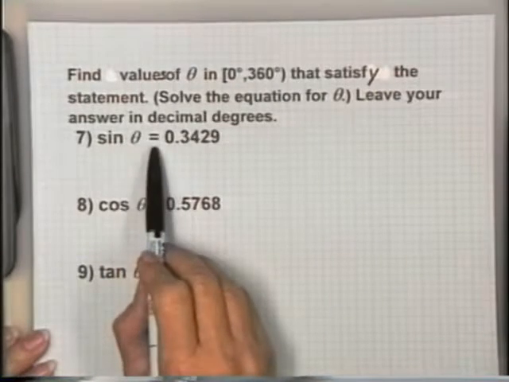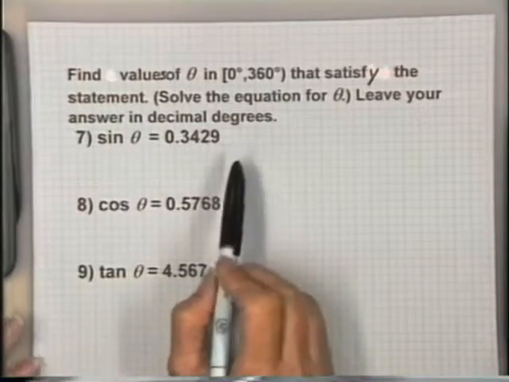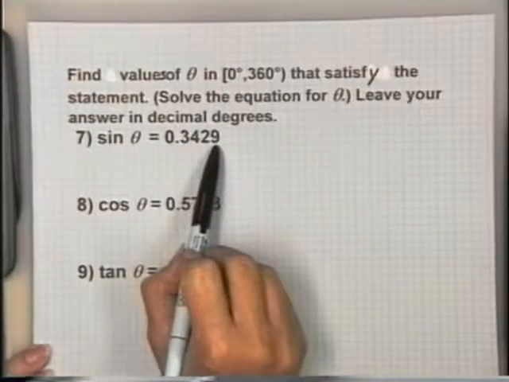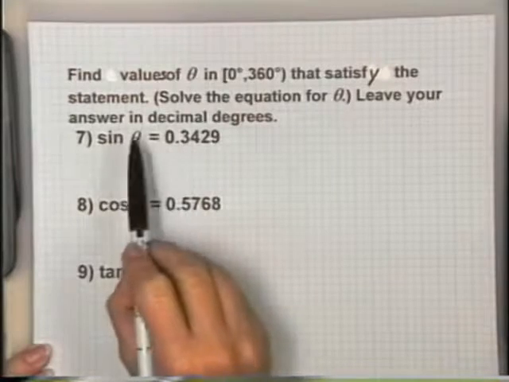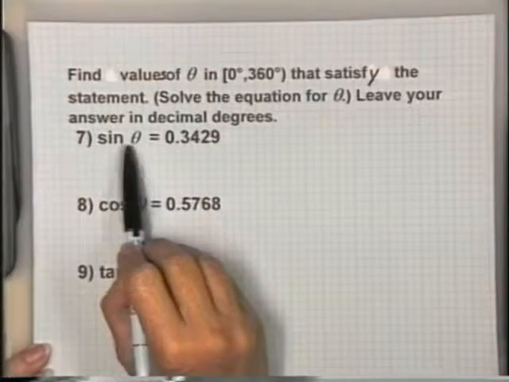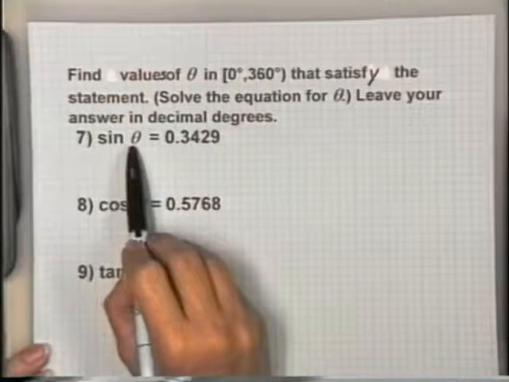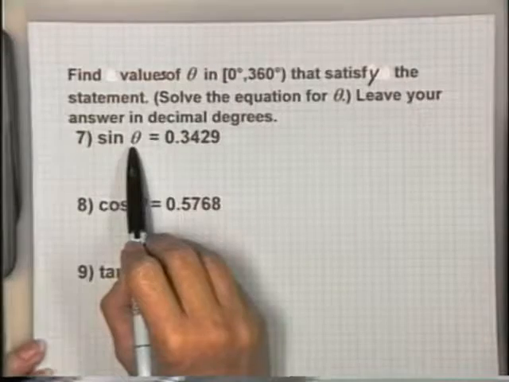The sine of theta equals 3,429 ten-thousandths. Anytime we solve an equation, we look for what we can replace the variable with to make this a true statement. And in this trig equation, theta is our variable.